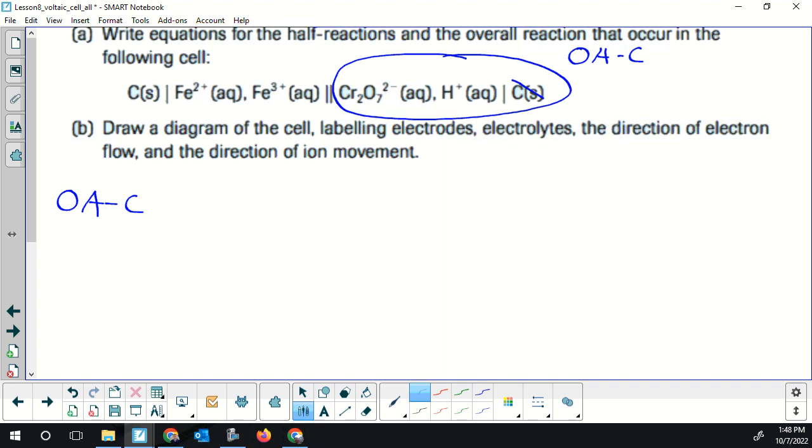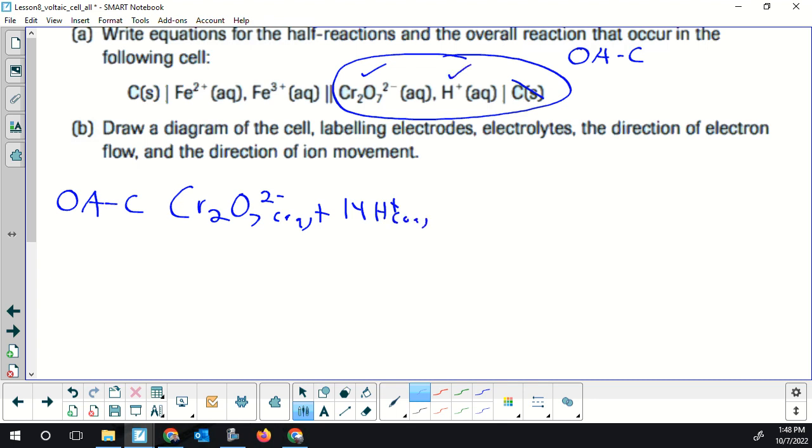So I look on the OA side of my table, I start at the top, and I find dichromate and H+ fairly quickly. So I'm focusing in on selective chemicals to find the best OA. I'm going to grab that half reaction: Cr2O7 2- aqueous, plus 14H+ aqueous.